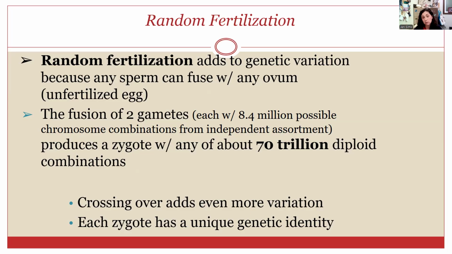The way you do this probability, and that's all it is, we'll do more probability next week when we start Mendelian genetics, is you just take 8.4 million times 8.4 million, plug that into the calculator, and it equals about 70 trillion diploid possible combinations per kid, per parental unit, the same two parents.